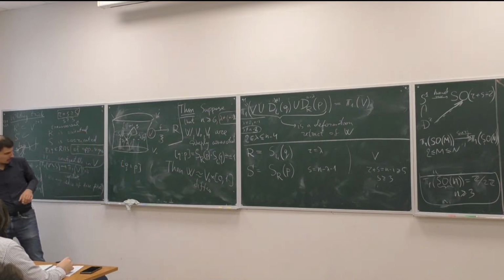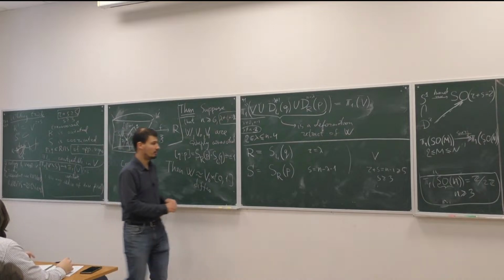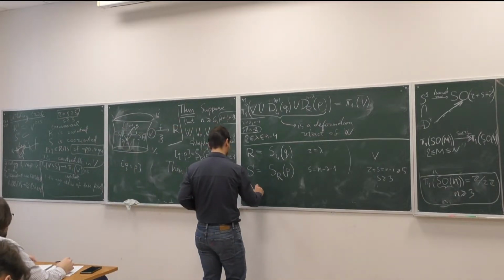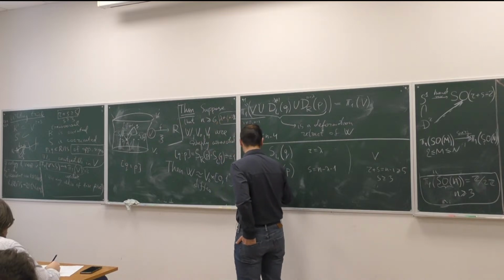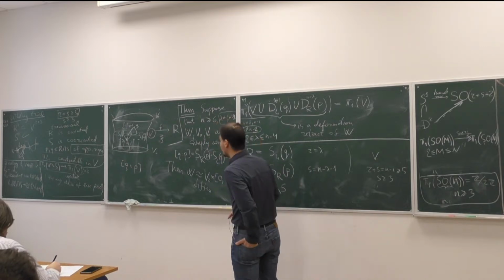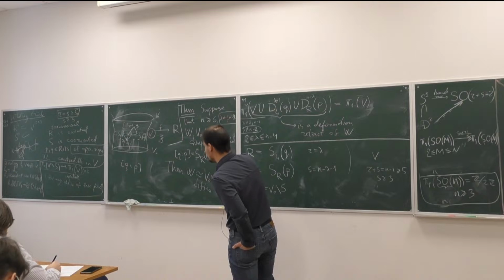So we see that V without S is diffeomorphic to V0 without the left-hand sphere of P.